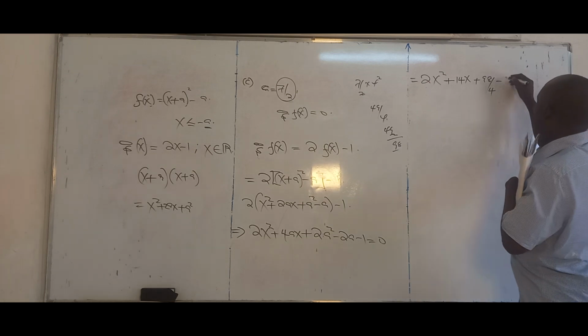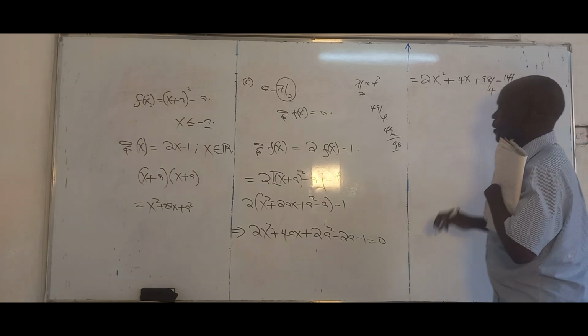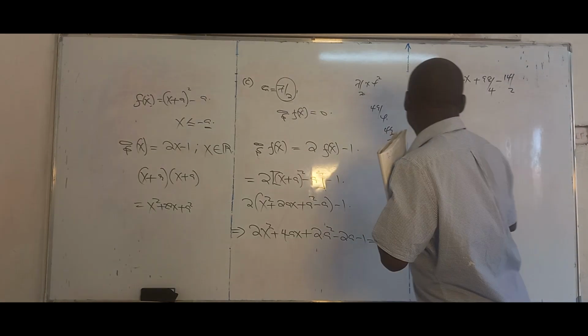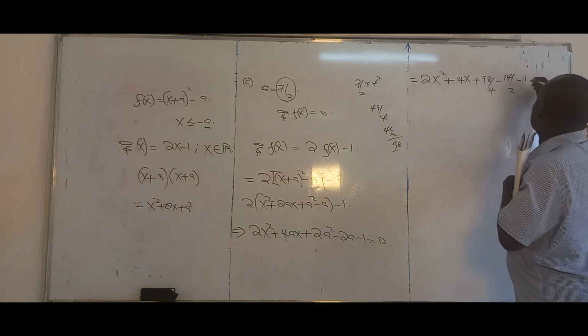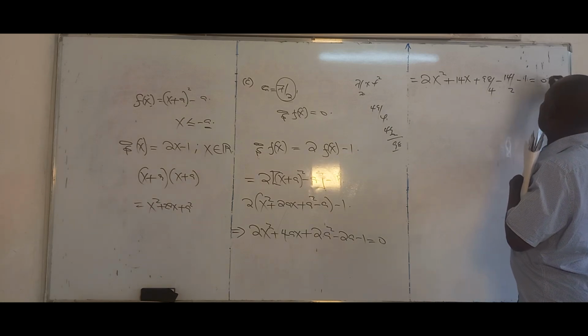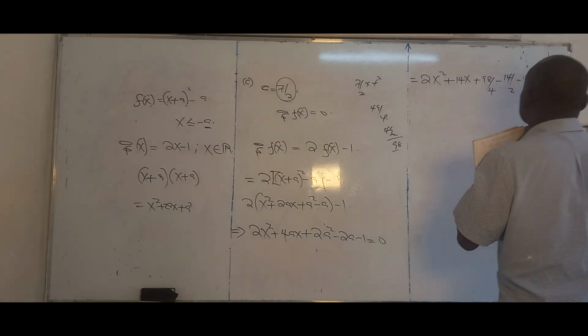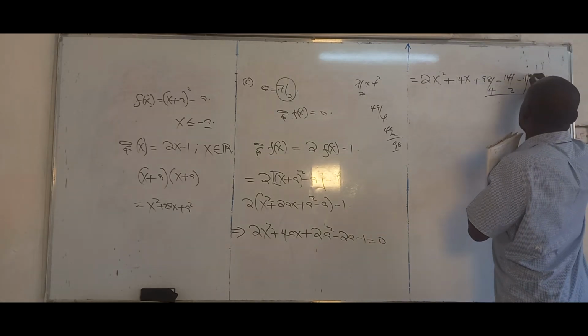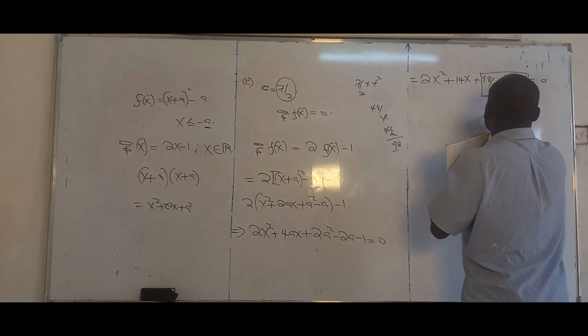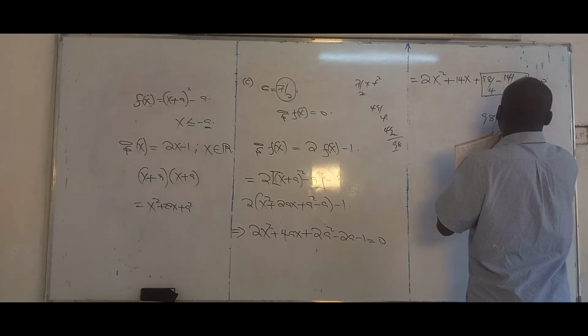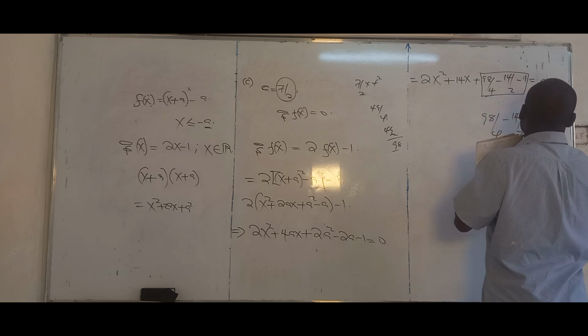Minus 14 over 2, and then minus 1 is equal to 0. So what is all this? Let's see what all this gives us. I have 98 over 4 minus 14 over 2 minus 1.